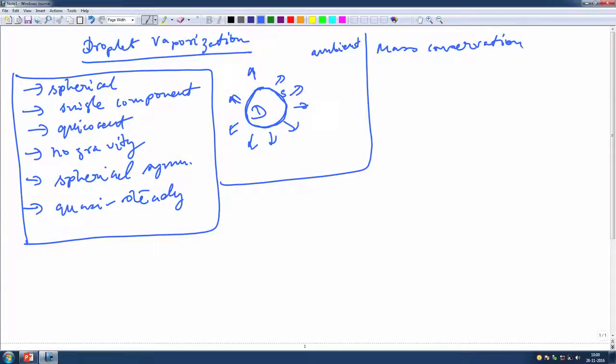The mass conservation is basically how the droplet is losing its mass, as simple as that. So, it is 4/3 pi rho L R S cube, with m dot, correct. It is basically the reduction in mass of the droplet, which is happening over time, and this is the mass that is leaving the droplet.